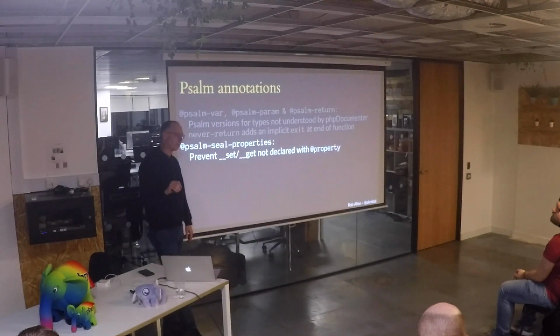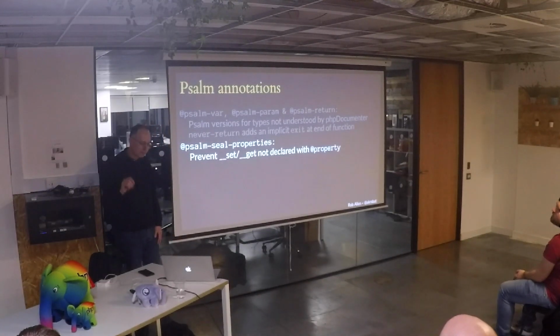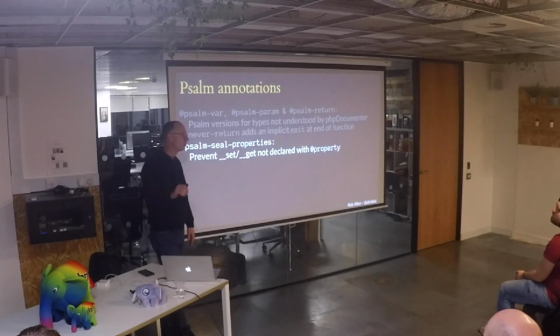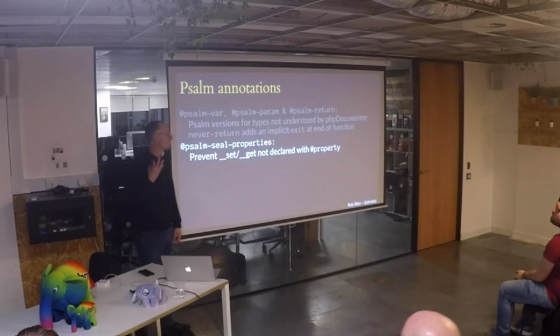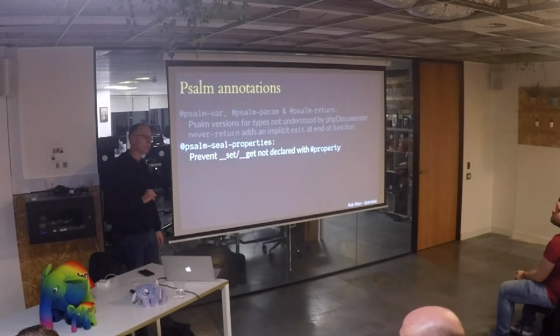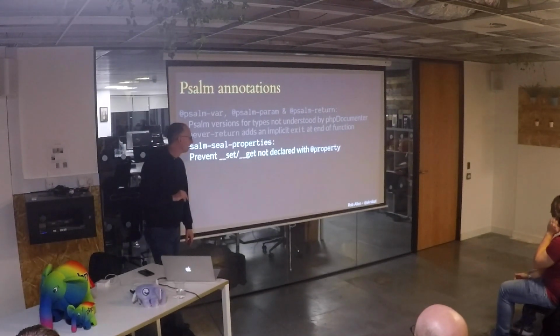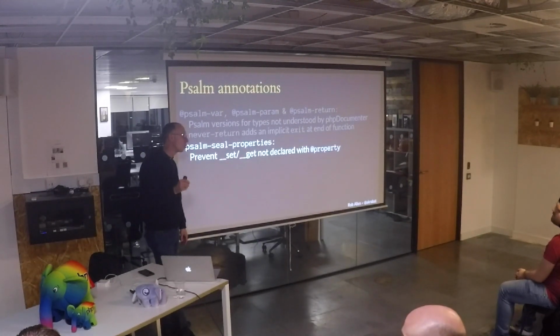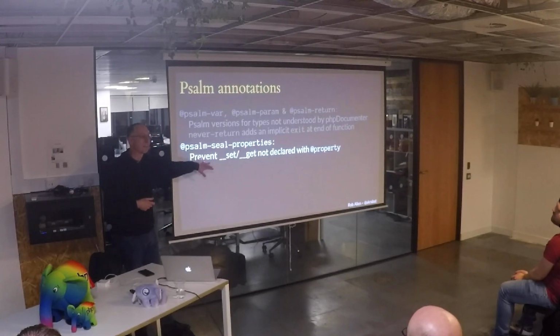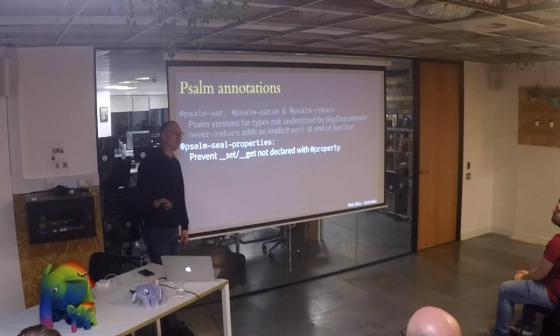If you seal the properties, what you are telling SARM is that this is a closed list of properties that these magic getters and setters can cope with. And if I try to use a magic set for a property that is not on the list, you should create an error. I think that's quite a useful one if you are still using gets and sets. Arguably, you should probably stop using them, because that solves a whole other class of problems.